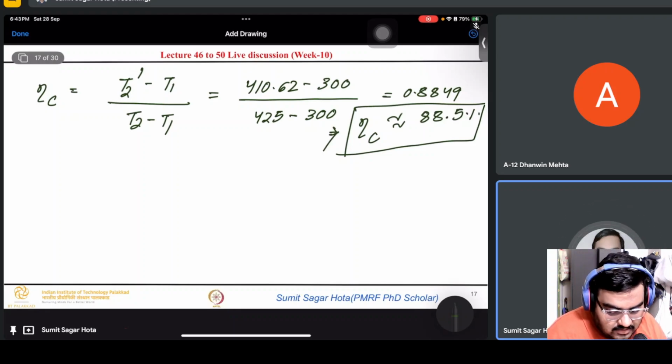So now we have the power and the mechanical efficiency, and we have the heat change from T1 to T2. We just call this equation the power conversion equation.